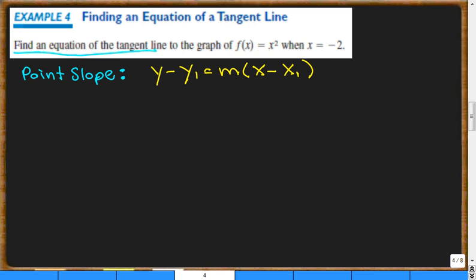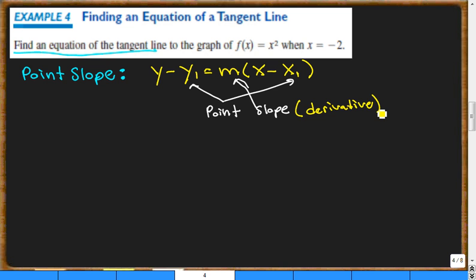So we need a point and we need a slope. Well, our slope comes from our derivative. So we need to find that first.